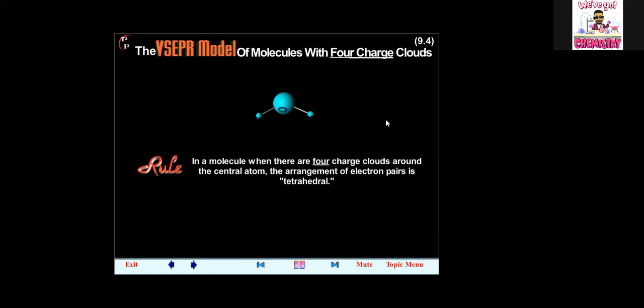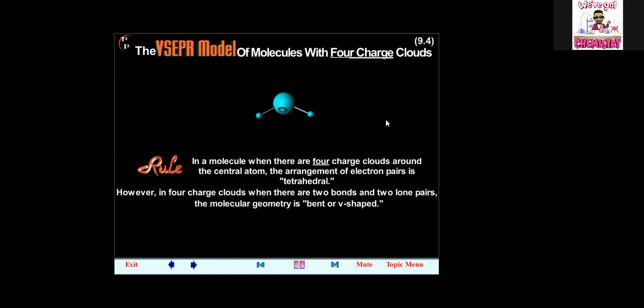Rule: in a molecule, when there are 4 charge clouds around the central atom, the arrangement of electron pairs is tetrahedral. However, in 4 charge clouds, when there are 2 bonds and 2 lone pairs, the molecular geometry is bent or V-shaped.